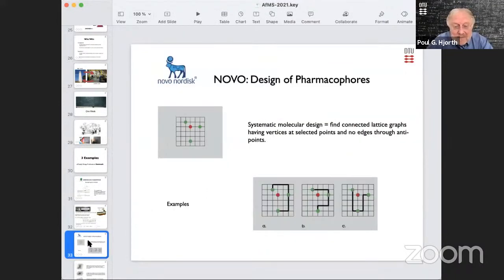So the second problem I wish to have is from a huge pharmaceutical company in Denmark called Novo Nordisk. I think the main product is insulin, and they produce a significant fraction of the insulin to diabetic patients on the planet.